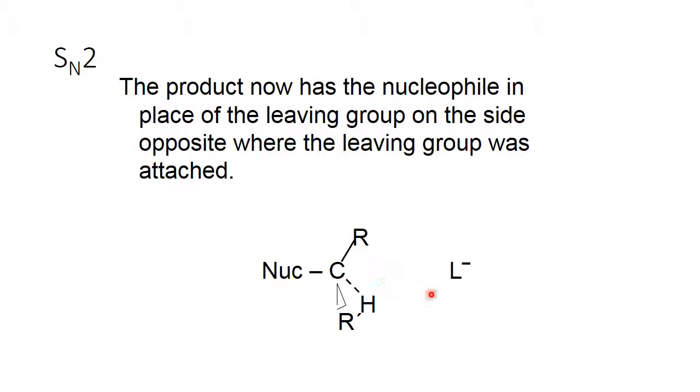Once the transition state is left, the leaving group has come off, and the nucleophile is now attached to the carbon. Notice there has been inversion on this carbon. The leaving group was on this side, and these three groups were angled backwards from the way they are now. So what we see is an umbrella-like inversion on the carbon center.